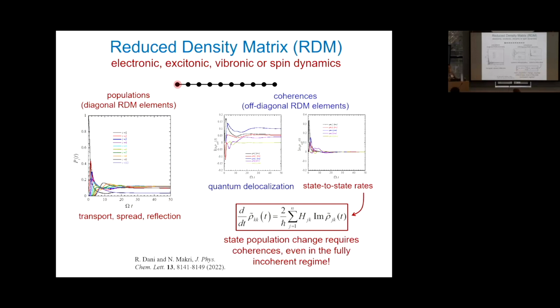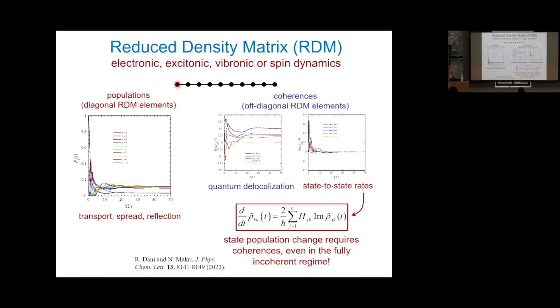You can show rigorously that if you are in a representation where the system-bath coupling is local in the system basis, then the time derivative of the population of state K is given by a linear combination of imaginary components of the reduced density matrix between the state K and all the other states, weighted by matrix elements of the Hamiltonian of the system alone.